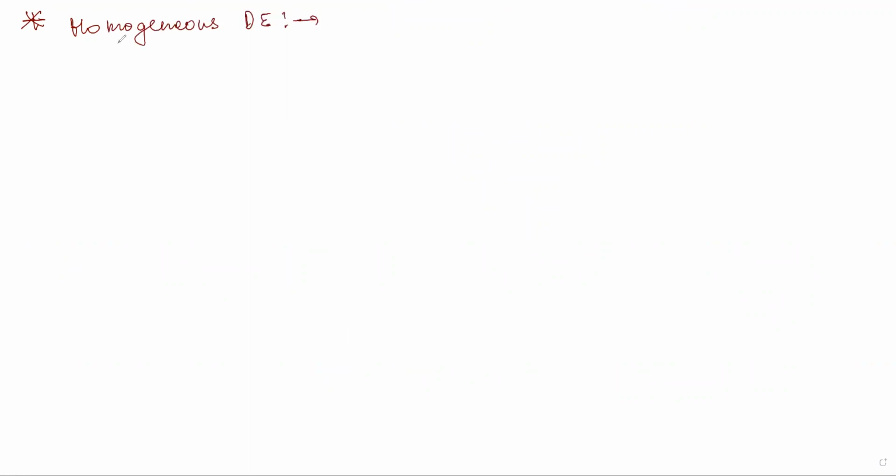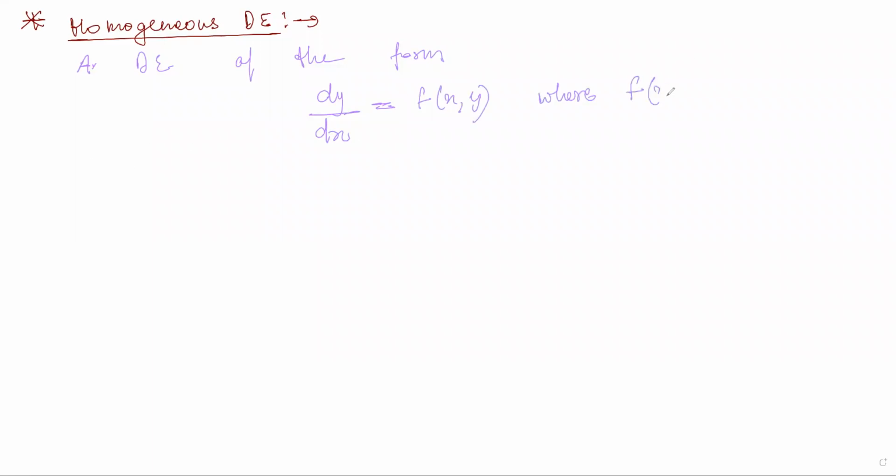Homogeneous differential equation says that a differential equation of the form dy by dx is equal to f of x comma y, where f of x comma y is a homogeneous function of degree 0.